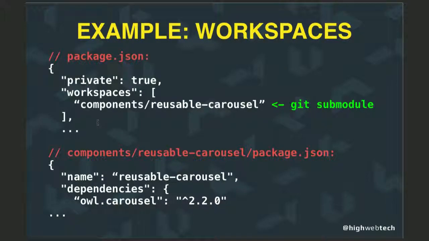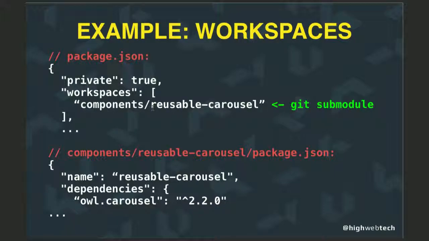So basically, this is how it works. In the root package JSON of our project, so here it's kind of the package JSON of our whole website, we can define a Workspaces array, which is basically just a list of folders. And for Yarn, these folders will be like dependencies of this project.